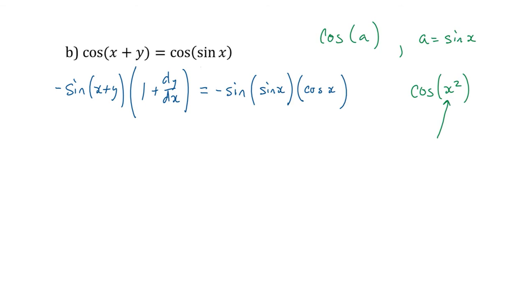At any rate, I'm going to move on here, and I am going to expand on the right side again to get the dy by dx and start moving things around, do the algebra just to solve for dy by dx. So this is going to be negative sine of x plus y minus dy by dx times sine of x plus y.